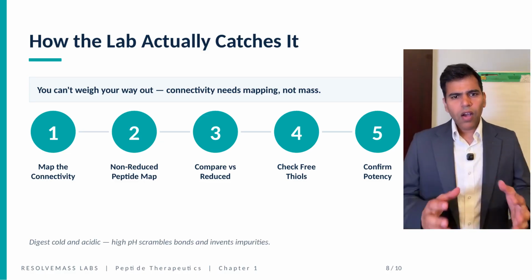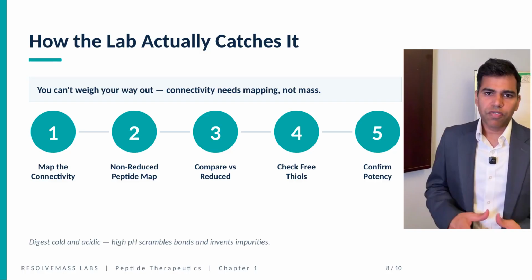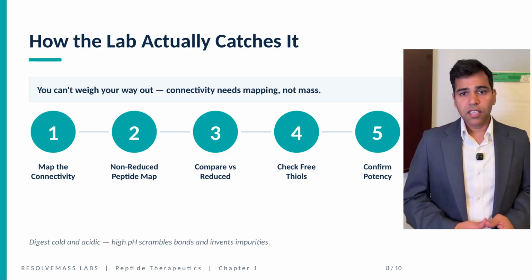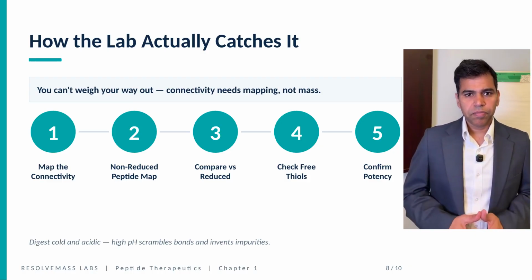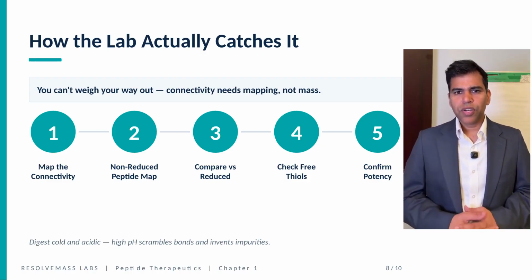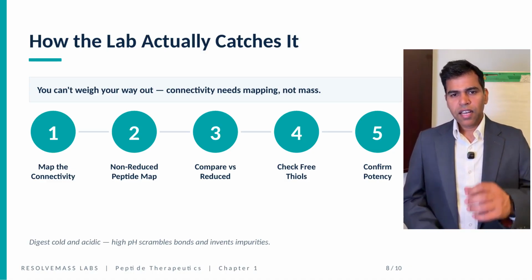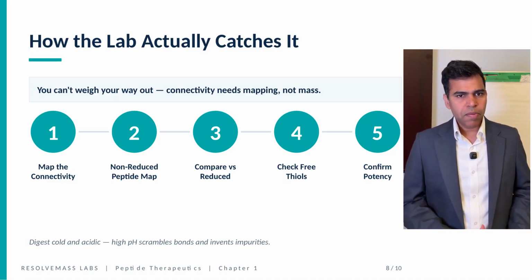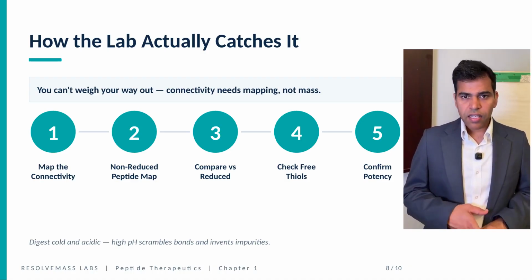So, how does the lab catch a wrong bond? You can't weigh your way out. The mass is identical, so you map the connectivity directly. You digest the peptide into fragments while the disulfides are still intact, then run a non-reduced peptide map on LC-MS to see which pieces are linked.